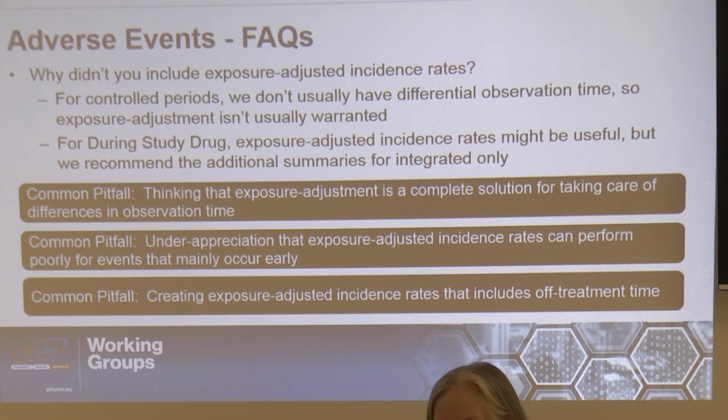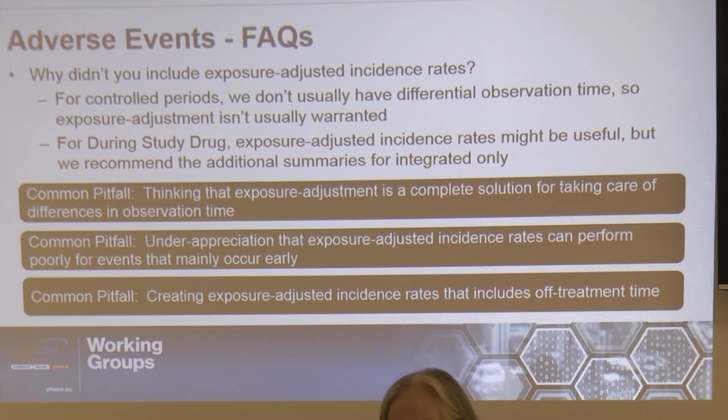For the during study drug period, they might be useful. Their usefulness is still a little bit questionable because you don't really have anything to compare with. You might have literature to compare with, and that might be important for an adverse event of special interest, but having a whole series of exposure-adjusted incidence rates for 1,000 events, I'm not sure that's useful. Not usually considered that useful.